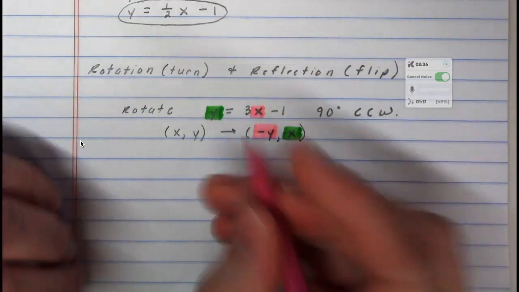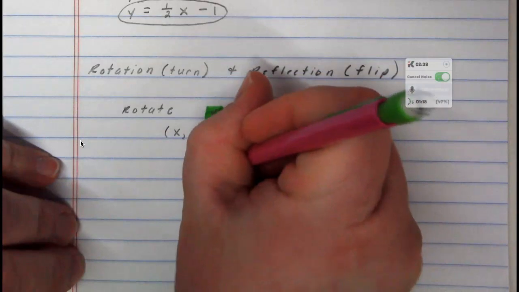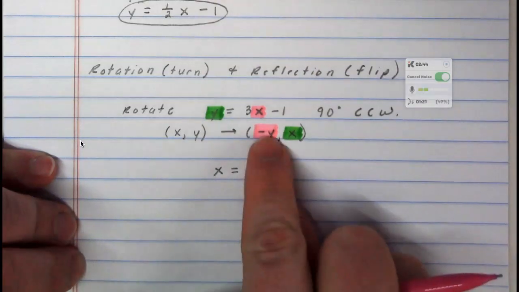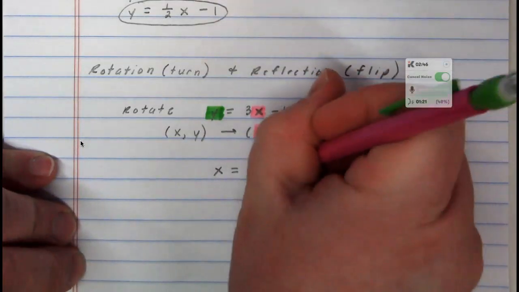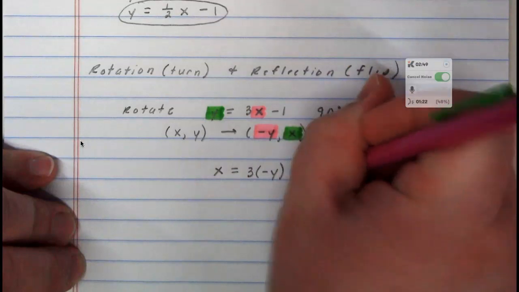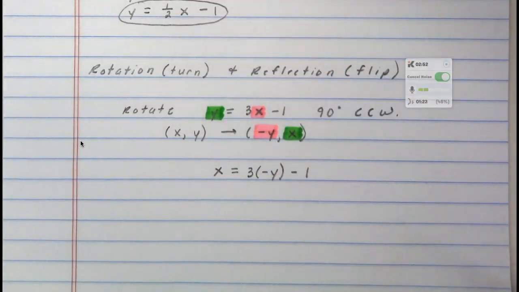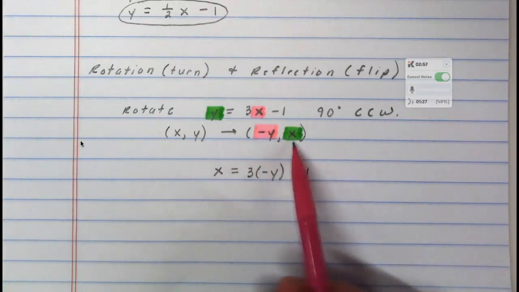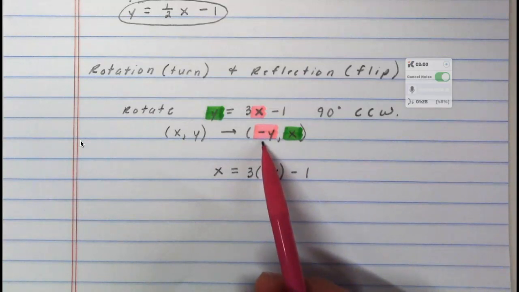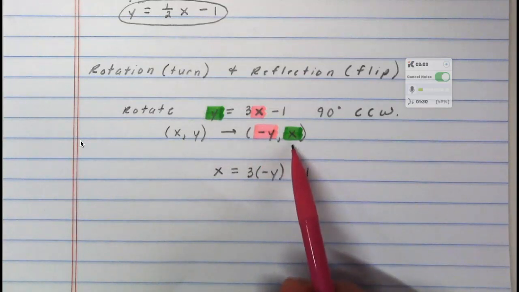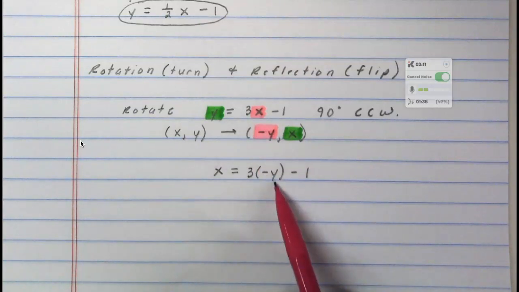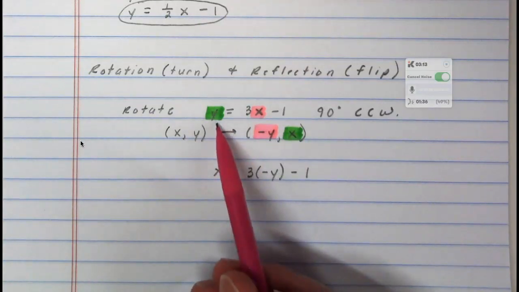Basically what we do is, instead of y, we write the x, then 3 times x, but x is now negative y, so 3 times negative y minus 1. So that can be a little tricky there. We're basically taking the new rule. The first part is the x coordinate, the second part is the y coordinate, even though it's given by negative y for the x. So the negative y goes where the old x was here, and the x goes where the old y was here.